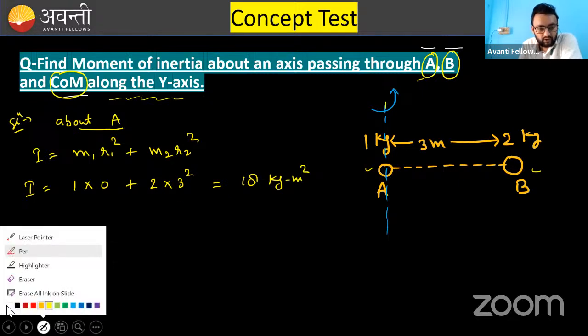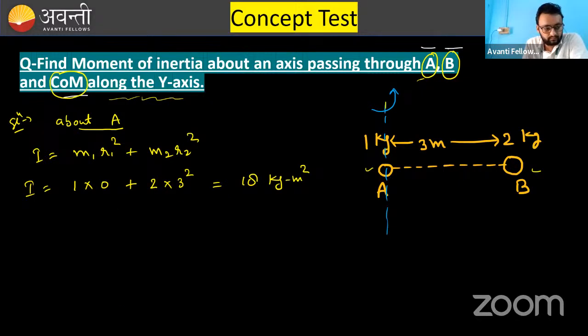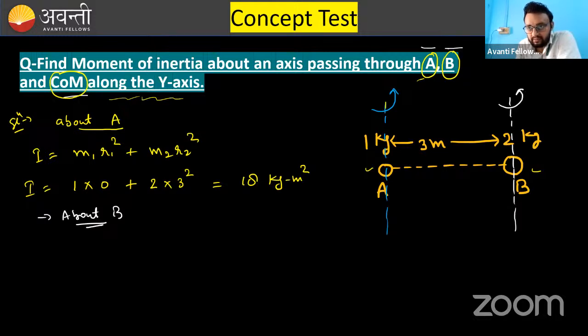Now we will calculate about B. Again, we will do the same thing. We will draw the axis, and the system is rotating about this axis. Now again, moment of inertia is m1 r1 square plus m2 r2 square.